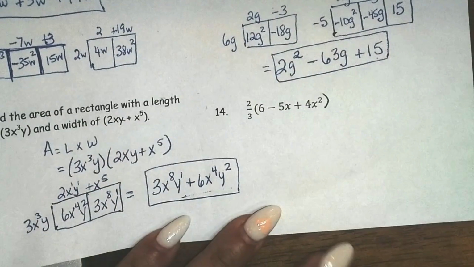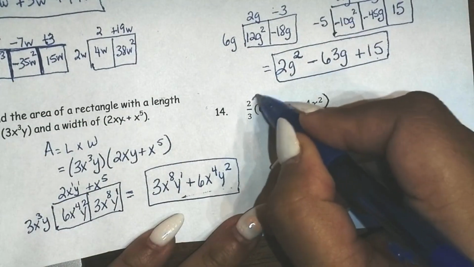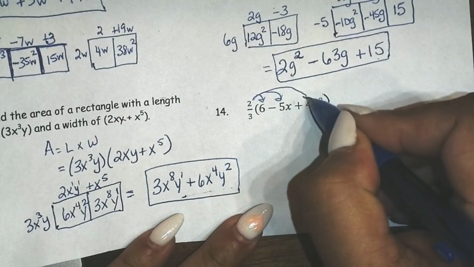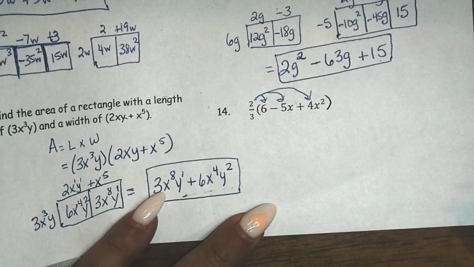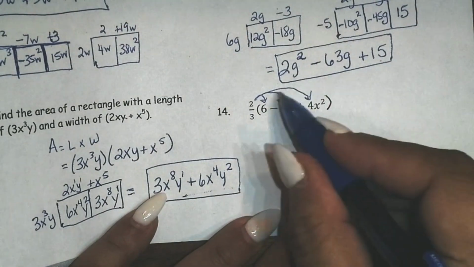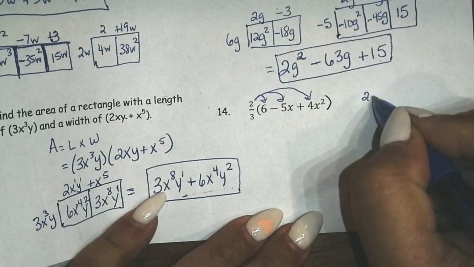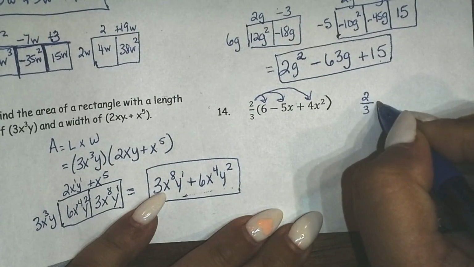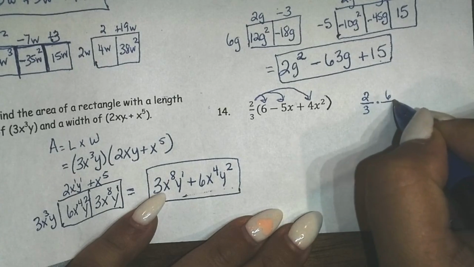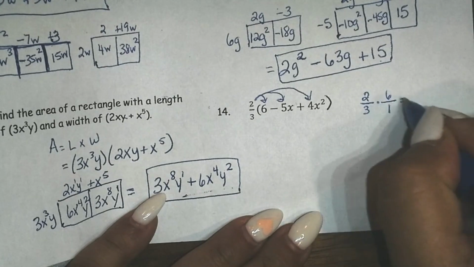Okay, all right, let's look at number 14. Do not be afraid of a fraction. What we're doing is distributing the 2/3 into each term inside of my parentheses. Again, remember that when you are multiplying a fraction to a whole number, you are multiplying the tops, the numerators, divided by multiplying the denominators.